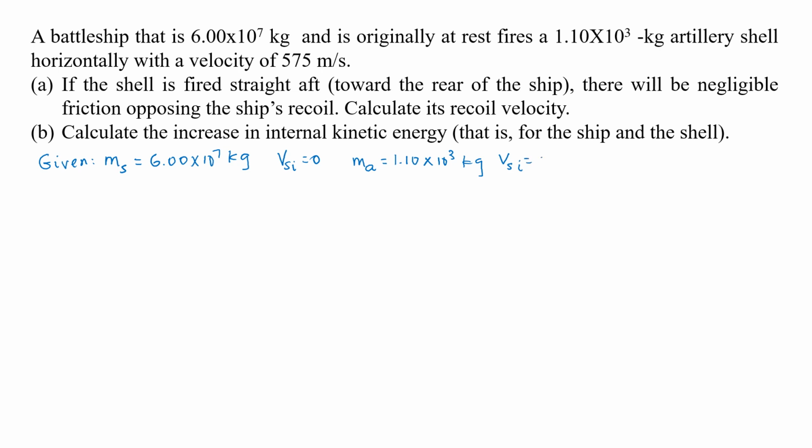It's equal to 0. The velocity of the artillery shell after it was fired, assuming its final velocity, let's represent it by v sub a f, and that's equal to 575 meters per second.